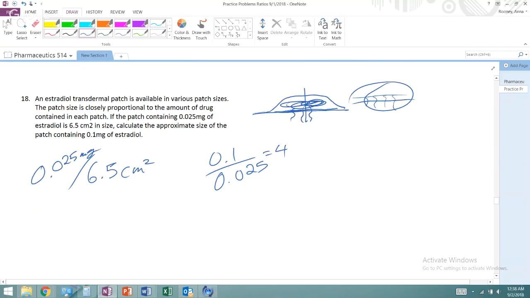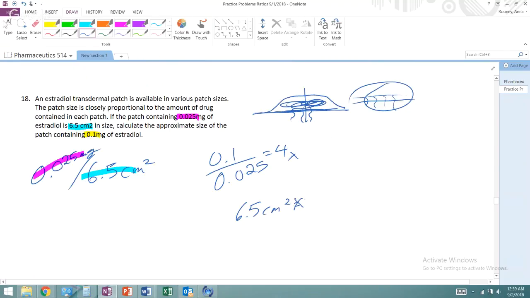Let me use a highlighter so that it's easier to follow what I'm doing. So you find that it goes into it 4 times. So the patch that you need to deliver the 0.1 milligrams of estradiol will need to be 4 times the size of 6.5 centimeters squared.